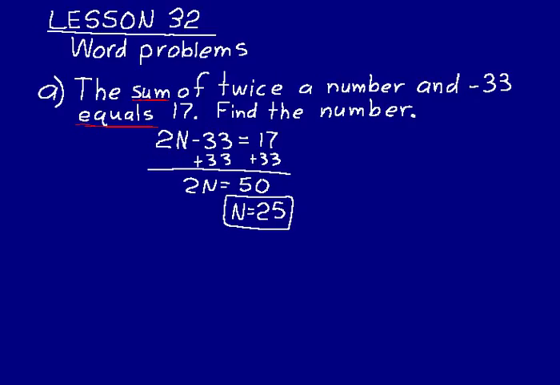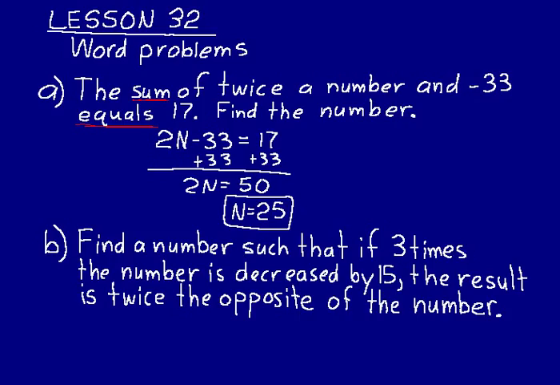And just like as we read that English sentence, twice a number and negative 33 is to the left of equals 17. When we write our algebraic equation, 2n minus 33 is on the left and equals 17, that's on the right. It's just like the English sentence. It's written left to right in the same manner.